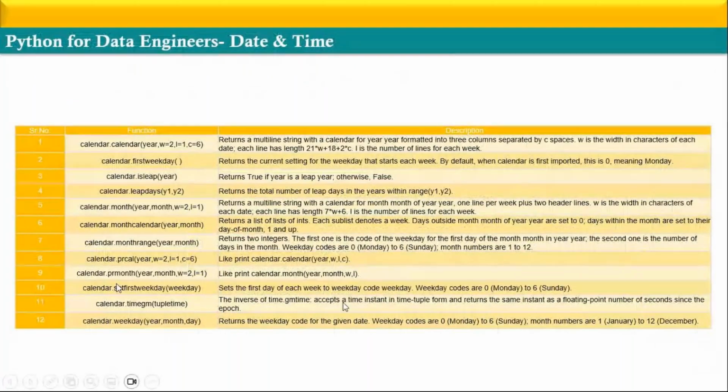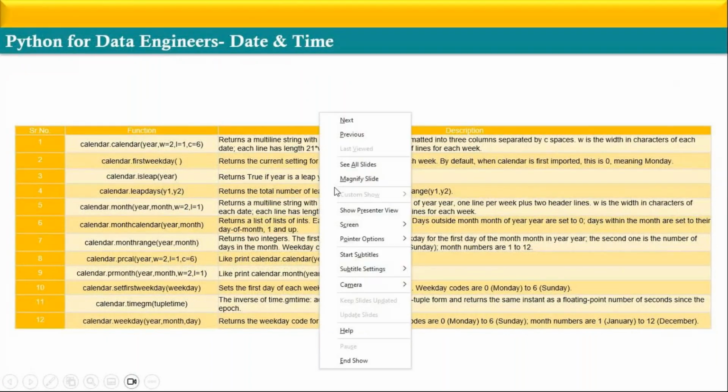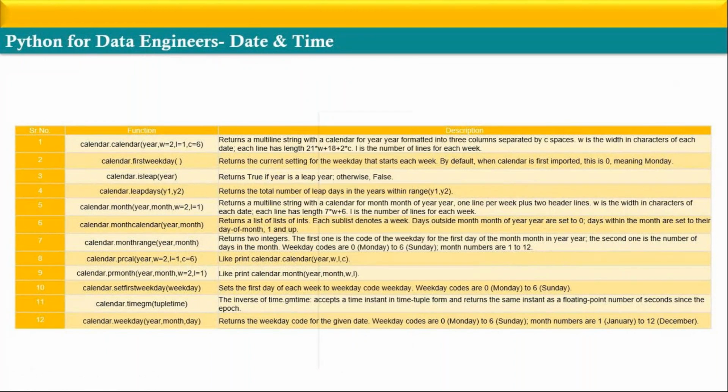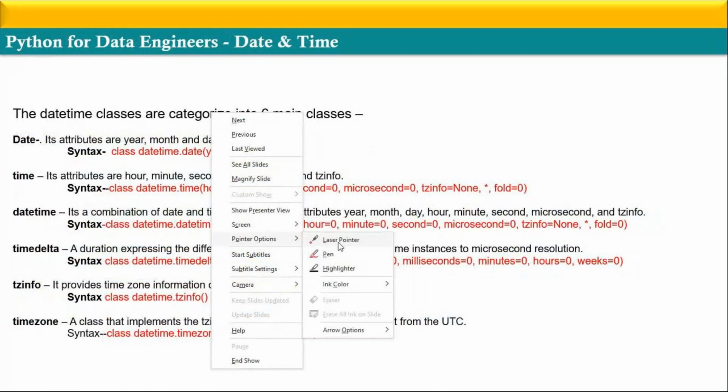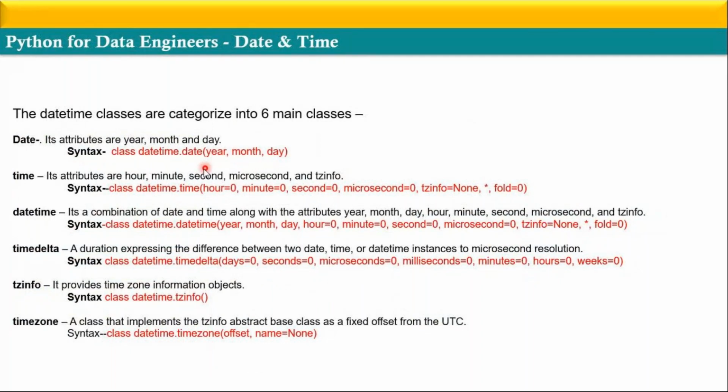Different libraries are there. Date is going to classify date in year, month, and day format. Then we have time. The datetime time is going to give me the outcome hours, minutes, seconds, microseconds, time zone.